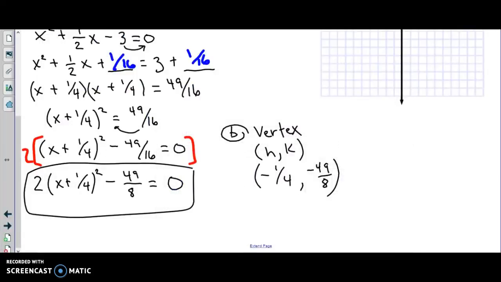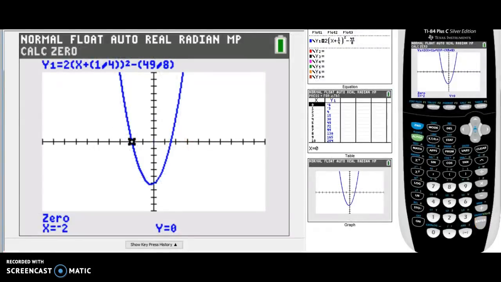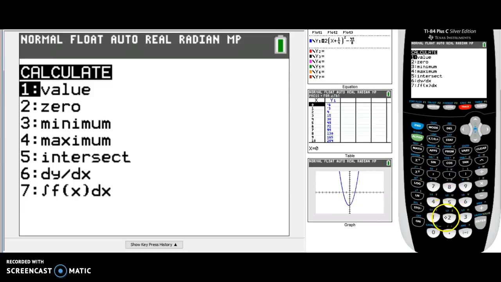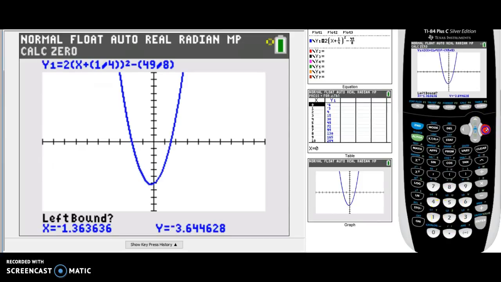So I'm going to go back to the screen. My x-intercepts, at least one of them, is going to be at -2, 0. And then my other intercept is going to look at the other side. So I'm going to do again second trace, looking for the value of 0, scroll all the way over until you get to the left bound.